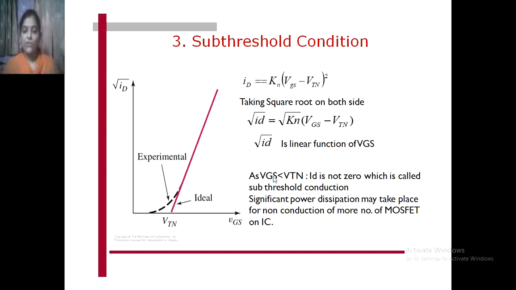So when VGS is less than VTN, ID is not 0, which is called subthreshold conduction. Okay, what is subthreshold conduction? As VGS is less than VTN, ID is not 0, which is called subthreshold conduction.